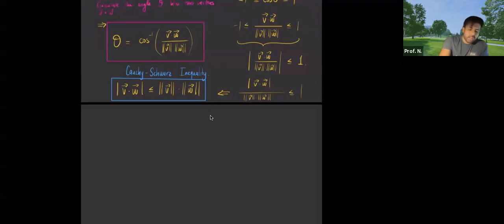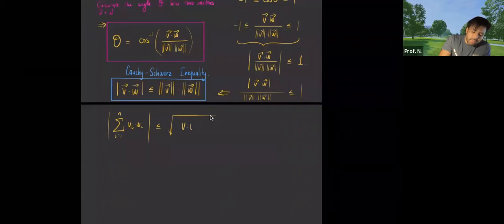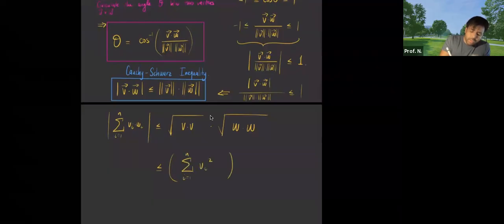And you can also rewrite this as the fact that if you take the absolute value of the dot product of VI times WI, this is less than or equal to the square root of V dot V multiplied by the square root of W dot W. And if you want to write this in terms of summations, you can write this as the summation of VI squared, I goes from 1 through n, raised to the 1/2 power, multiplied by the square root, the summation from I from 1 through n of WI squared, raised to the 1/2 power.